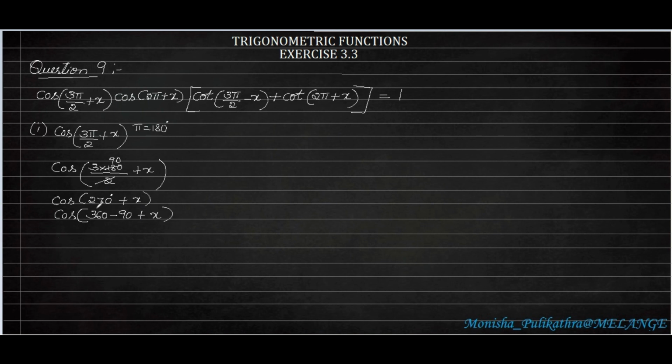Next, we know that pi is 180. If pi is 180, 2 pi is equal to 360, that is 180 into 2 is 360. So in order to make the solution easier, I will take 2 pi instead of 360. And here minus 90 and plus x is there, so I will take plus x first and then minus 90 degrees.